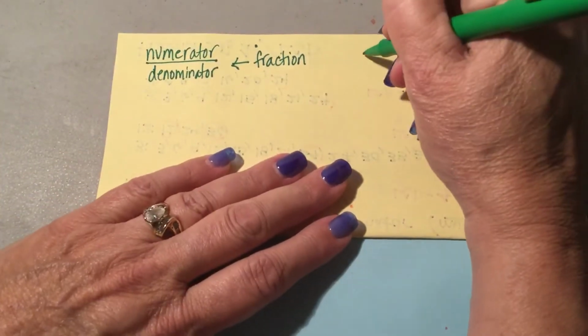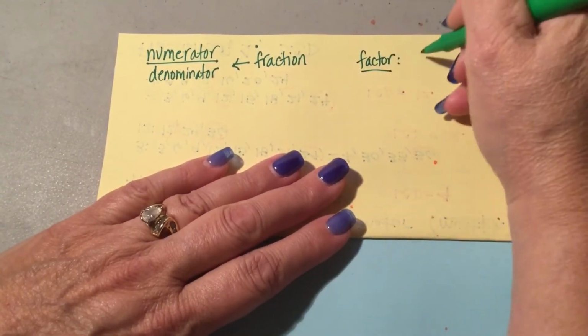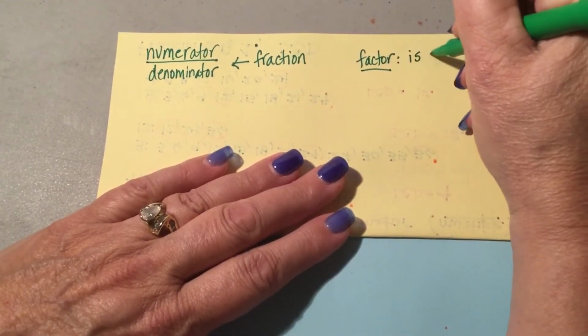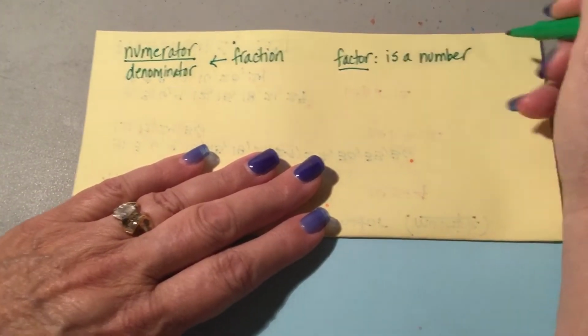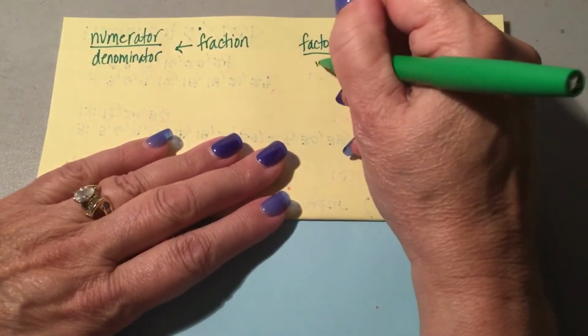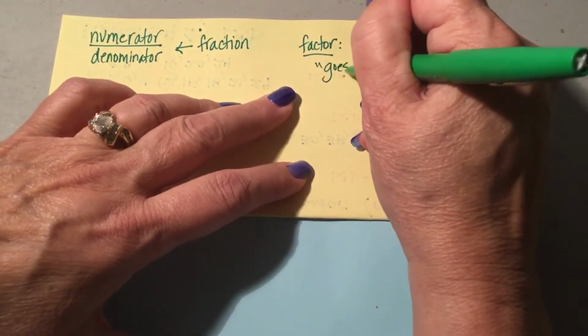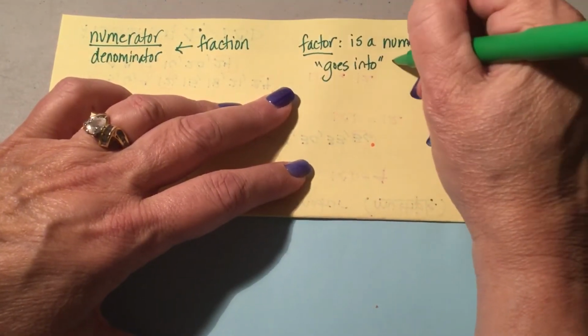And another word that I'm going to use quite frequently is the word factor, okay? And a factor is a number that, and I'm going to use a phrase that you guys like to use, goes into, all right, another number.